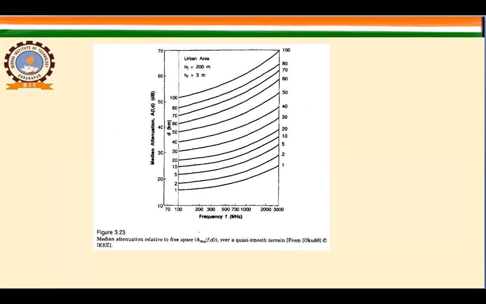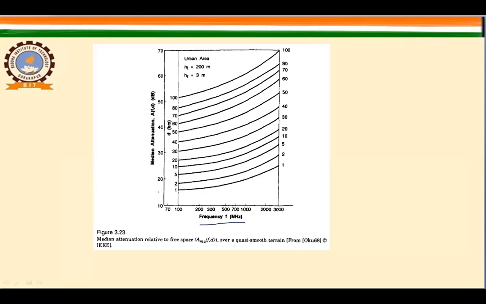So this is the figure which is actually taken from your Rappaport book, and it has three axes. One is the x-axis, that is the frequency in megahertz. It has two vertical axes.